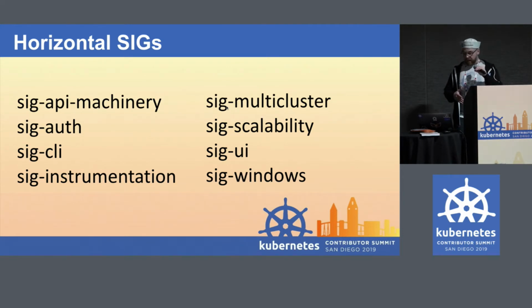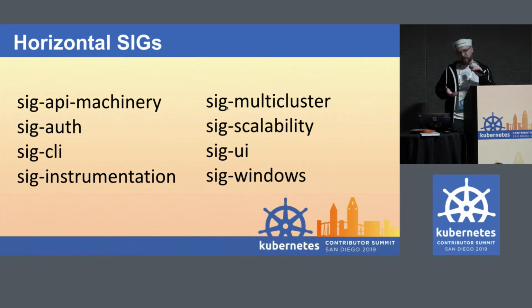Multi-cluster is focused on the development and tooling and solving common challenges related to the management of multiple Kubernetes clusters. Multi-cluster is becoming the big hot topic right now. Scalability defines the scalability goals for Kubernetes itself and works on improving the general performance of it, as well as removing various bottlenecks that might prevent it from scaling further.